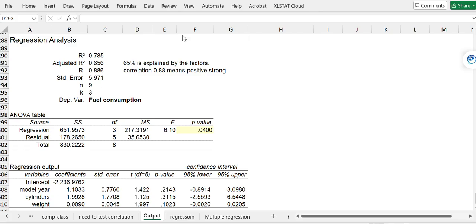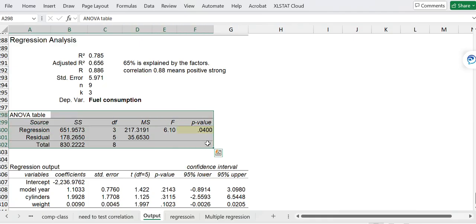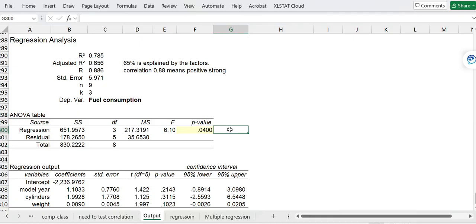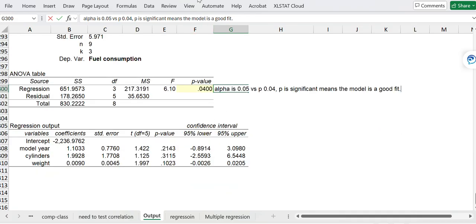Now, if you look at the second part, that's the ANOVA table, we use it to find whether there is a good fit or not, right? So what is the value here? 0.04. So alpha is 0.05 versus p 0.04. So p is significant, which means the model is a good fit, because it's less than 0.05.